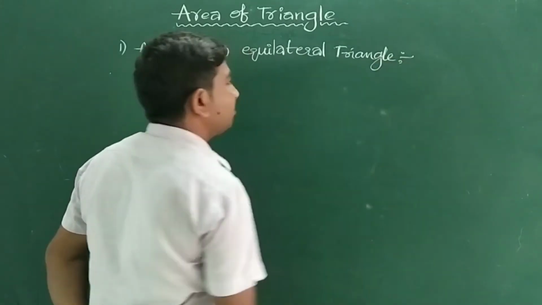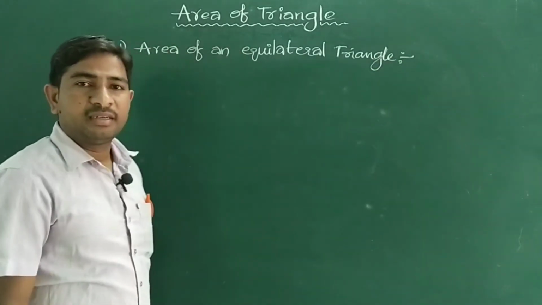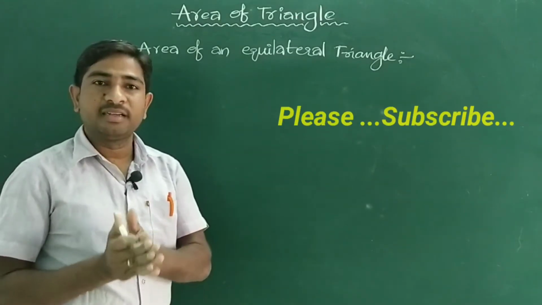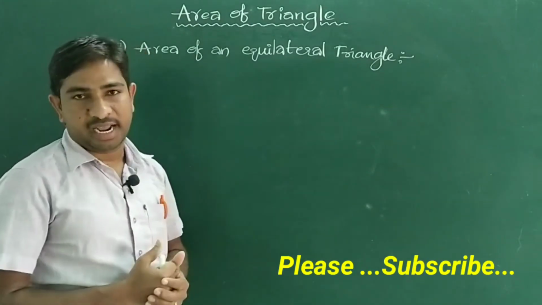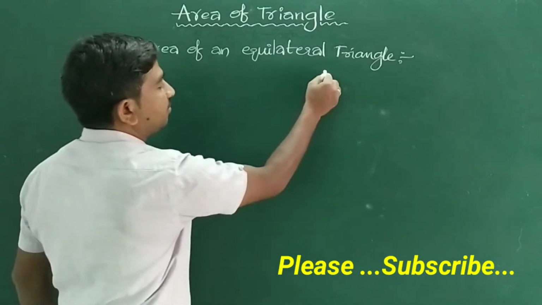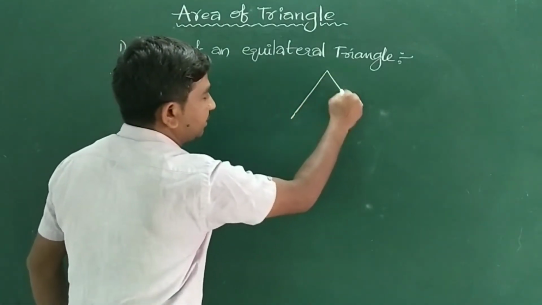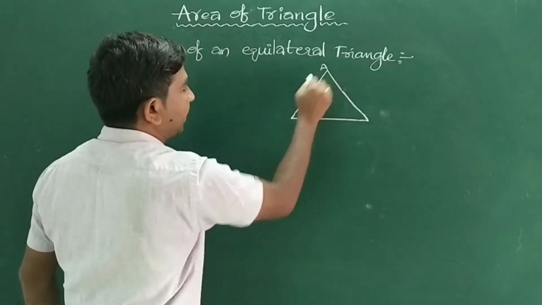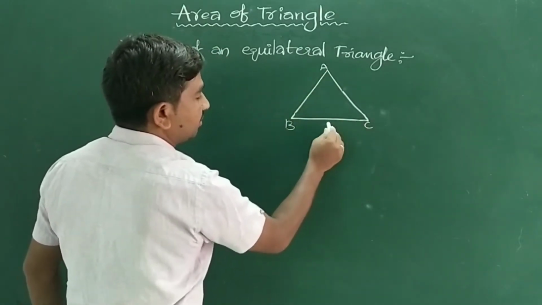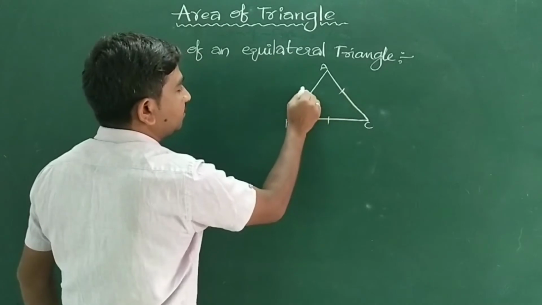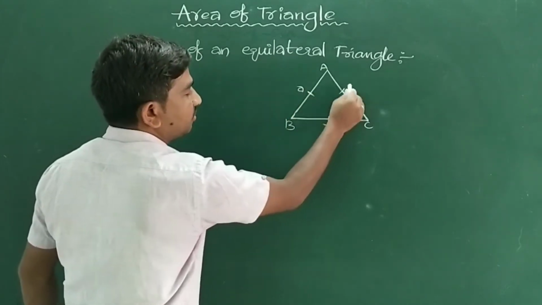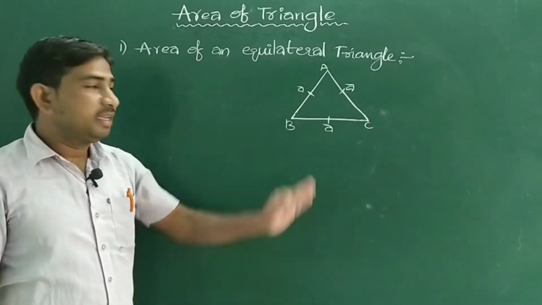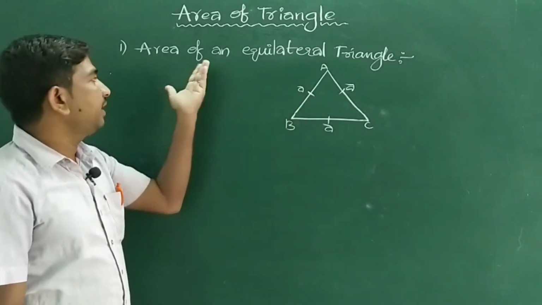So equilateral triangle means that if all the side lengths in a triangle are equal, then it is called an equilateral triangle. For example, take this equilateral triangle ABC where all the sides are equal, each suppose a. So the three side lengths are the same. In this case, how can we find the area?